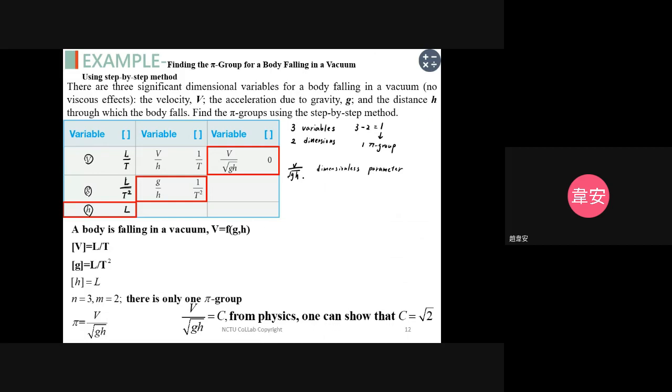For this problem we only have one pi group, which is V divided by the root of gh.